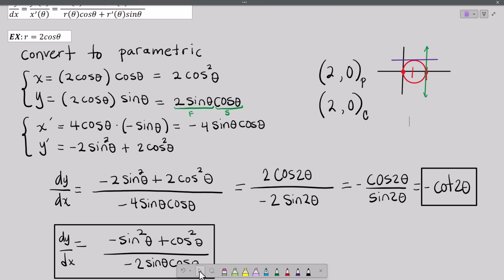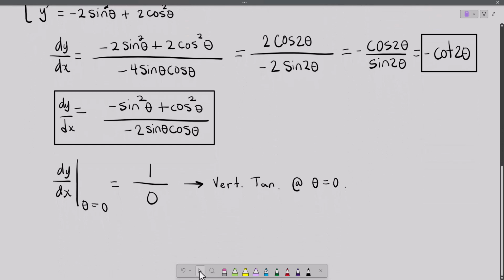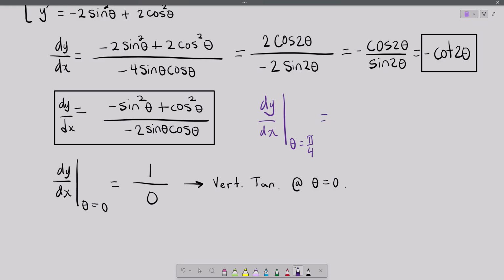Let's test. If we come down here and say, well, what's dy/dx at theta equals pi over 4 radians. We just plug pi over 4 in there or there, wherever is the most convenient. Let's plug it in here. So if we plug in pi over 4, sine of pi over 4, you can think of it as root 2 over 2 or 1 over root 2.